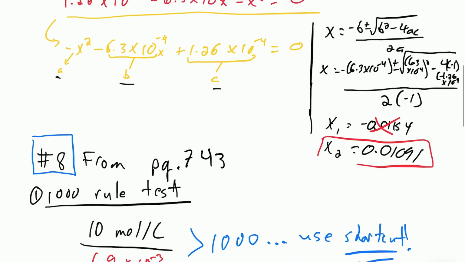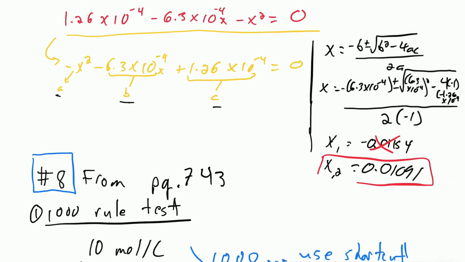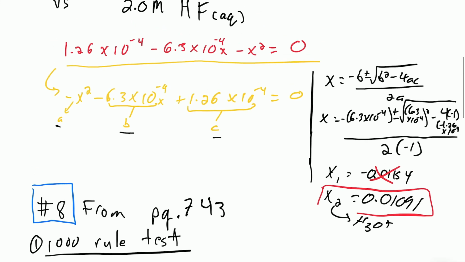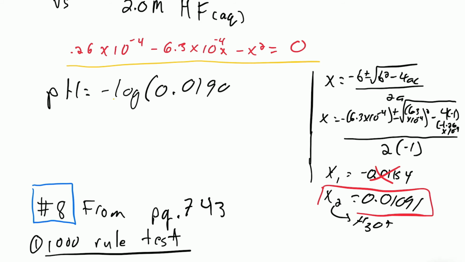And so then to find the pH, we would take that concentration, because remember that X is really equal to our H3O plus. So with that in mind, we would go back here, erase this bottom over here and just go pH is equal to negative log 0.01091.